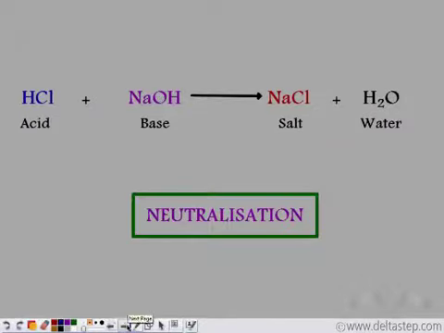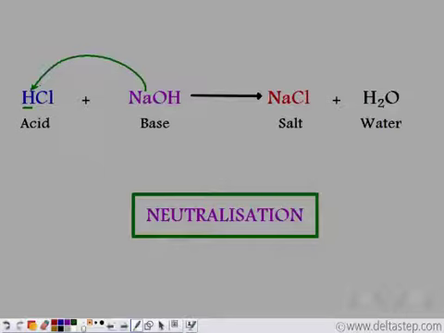So in this case, the reaction taking place is HCl reacts with NaOH. HCl is an acid, NaOH is a base. They react to form salt and water. So whenever there is a replacement of the hydrogen atoms of an acid by a metallic ion, in this case, this H is replaced by sodium, which is a metal.